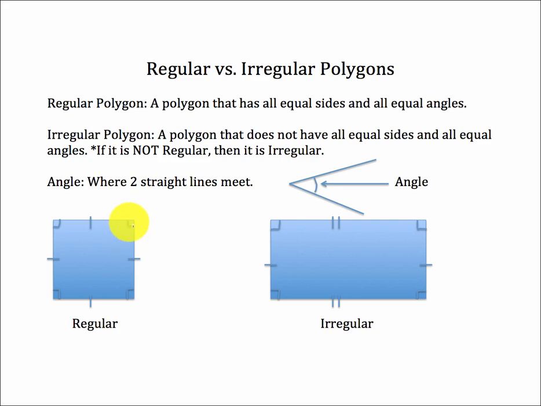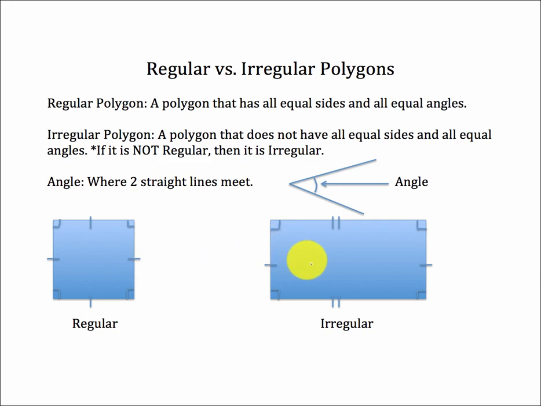So this one's a right angle, this is a right angle, this is a right angle, and this is a right angle. So if an angle is a right angle, it means that you could slide a small little square into the corner and it would just fit there perfectly. Okay, so now that I know that all these 4 angles are equal, all 4 sides are equal, this is a regular polygon. Specifically, we call this a square.